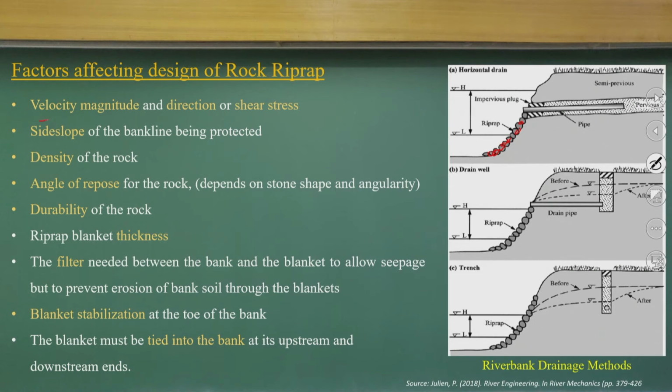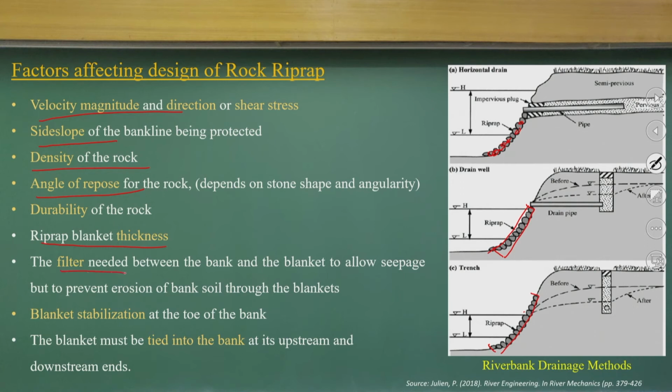It all depends upon velocity, side slope, density of the rock, angle of repose, and riprap blanket thickness. You can consider these things as a Gaussian matrix.